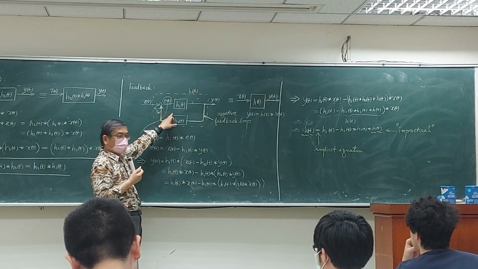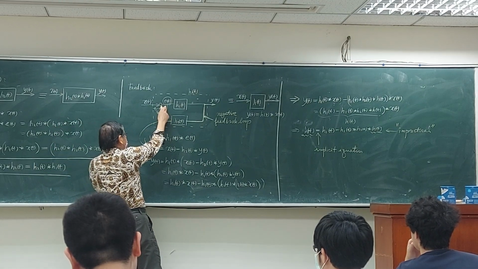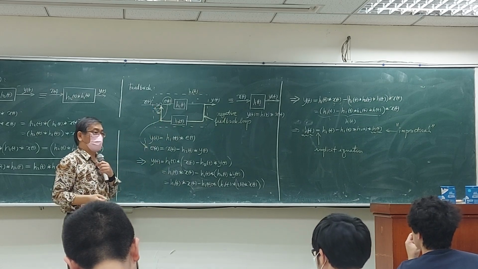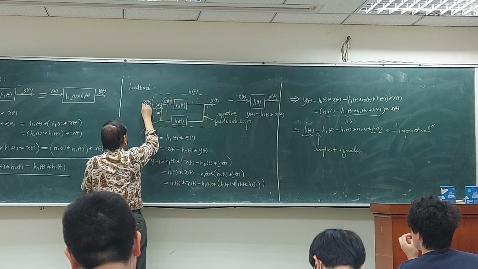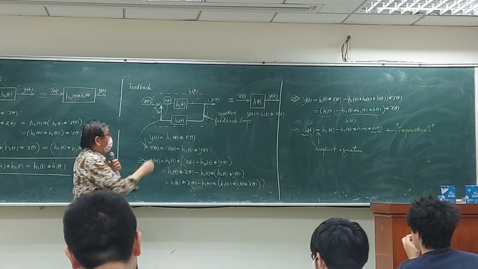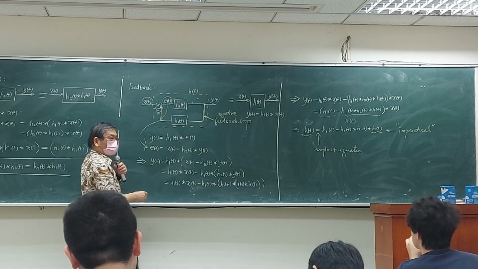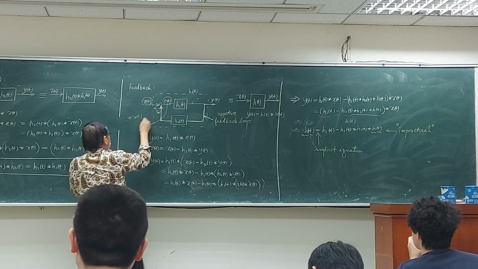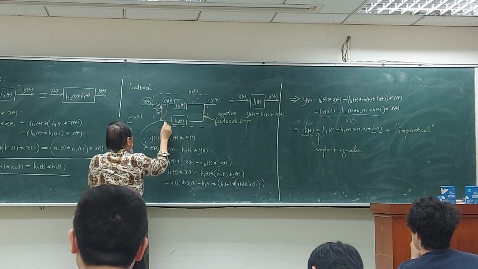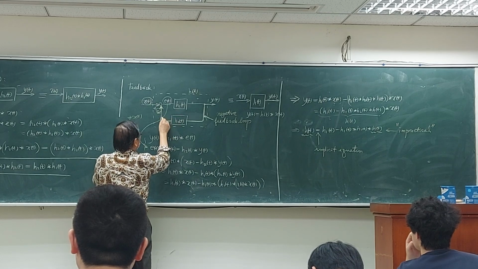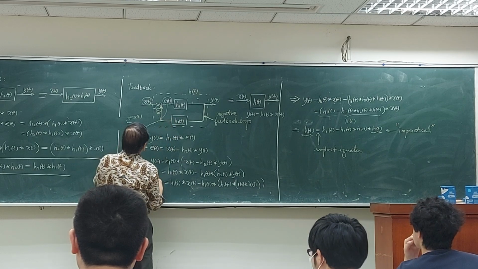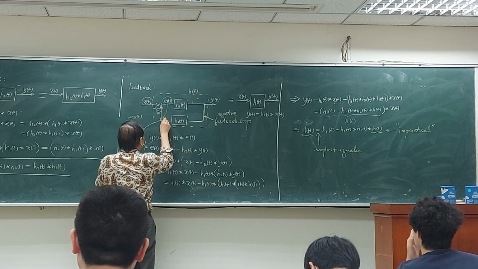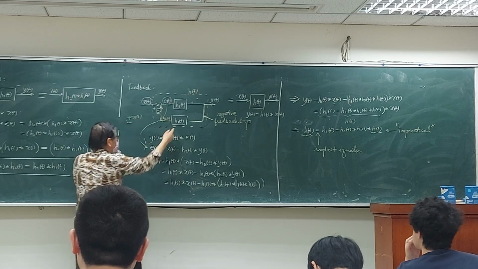This is a signal, the signal after the summation. We call that E of T, and this E of T is equal to the input X of T, plus X of T and then minus the output of H2.